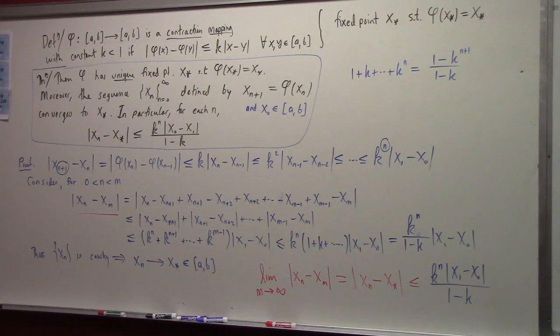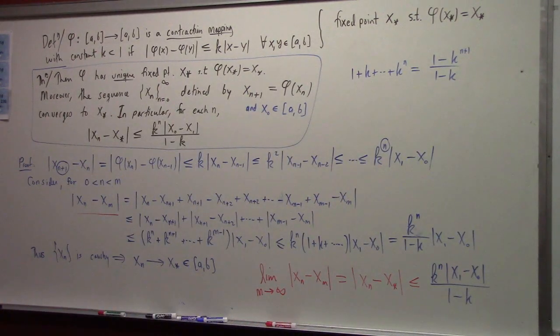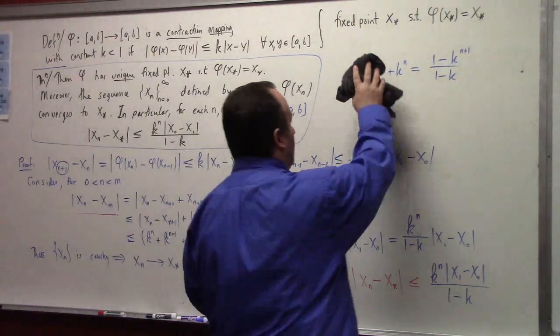Now what's left to prove? Allegedly, it's a unique fixed point, right? So how do you prove uniqueness usually? Suppose there's two.